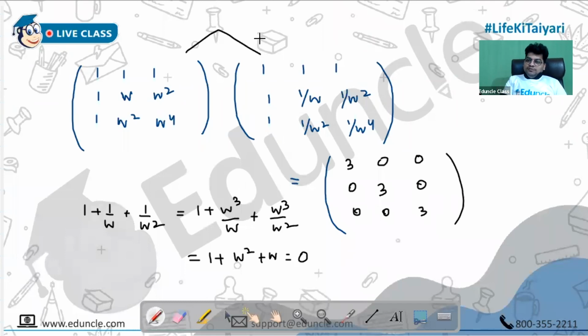Yes or no? Student, my dear student, are things making sense? These are not inverse. So I can say one thing. This is 3I. Take this 3 and shift it to the left hand side.